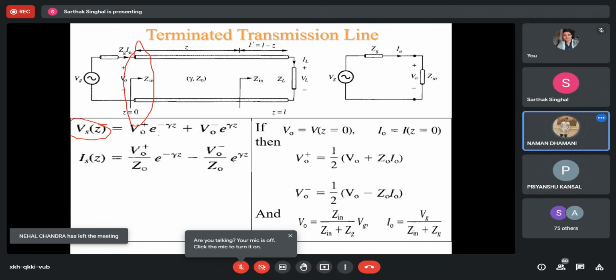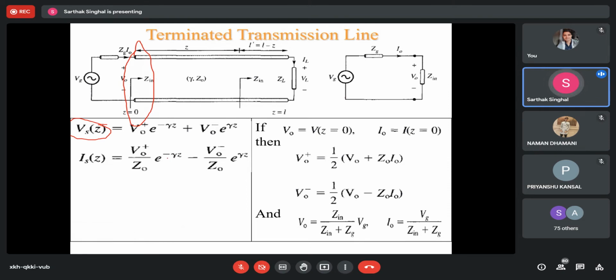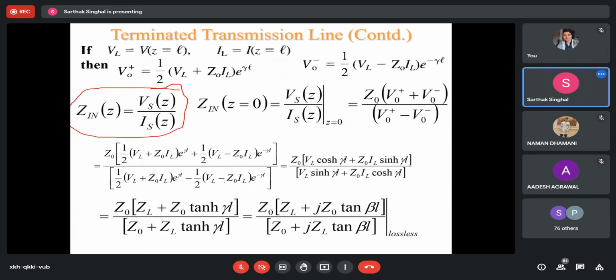And similarly, the current will be given by V0 plus divided by Z0 minus V0 minus upon Z0, right? So by using these two equations, this will be the equation.